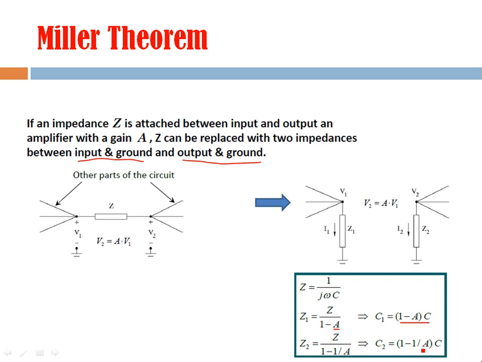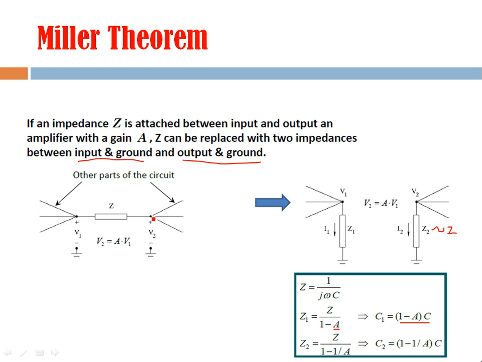So it depends on gain, and if the gain of the amplifier is greater than 1, and that is normally the case, gain is most of the time greater than 1. So if this gain is greater than 1, in that case you can see this term will be almost negligible, and C2 will be mostly equal to C, or you can say that Z2 is almost equal to Z. So if the gain of the amplifier is very large as compared to 1, then this Z2 is almost equal to Z, right?